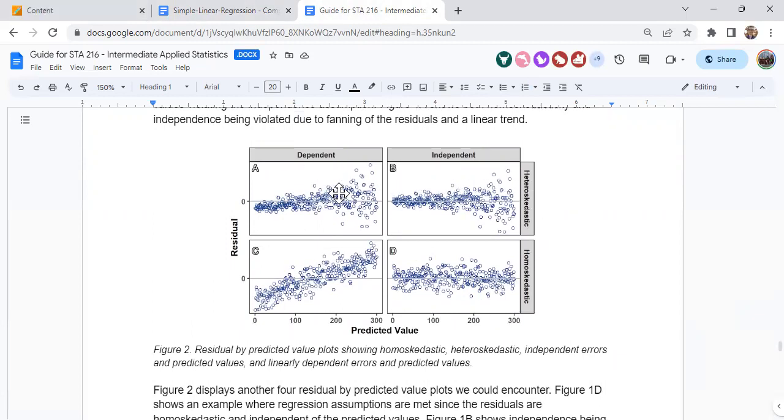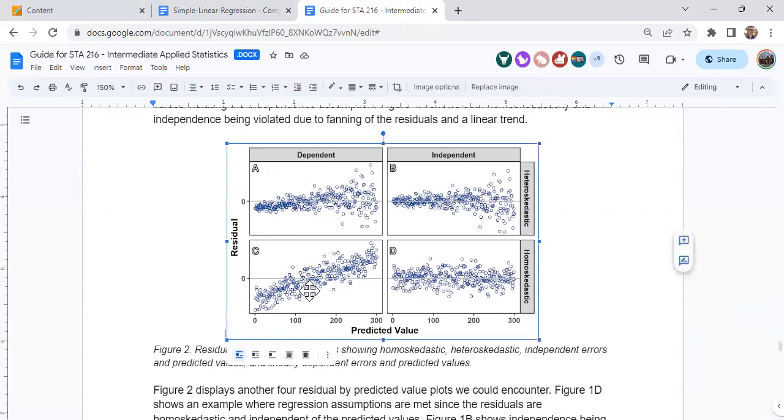In the top row, these all have issues with homoscedasticity. In the bottom row, these are all homoscedastic. So homoscedasticity is fine, but the left one is not independent residuals, and the right one is good. The assumptions are met for independent residuals.